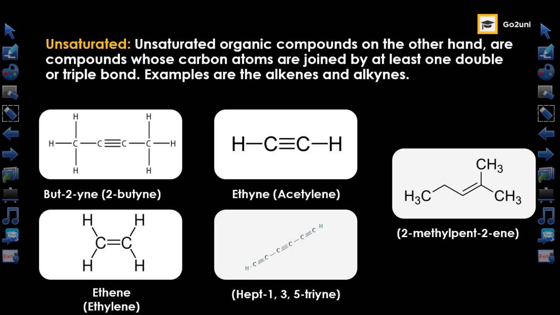Because they have at least a double bond or a triple bond between carbon atoms. And these carbon atoms, as we have said, may even have both double and triple bonds in the structure. But so long as there is at least one double bond or more, or one triple bond or more in the structure, it is referred to as an unsaturated compound.